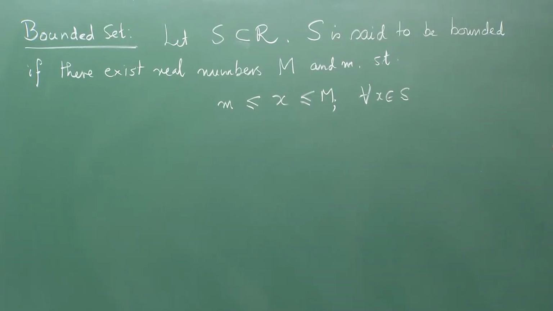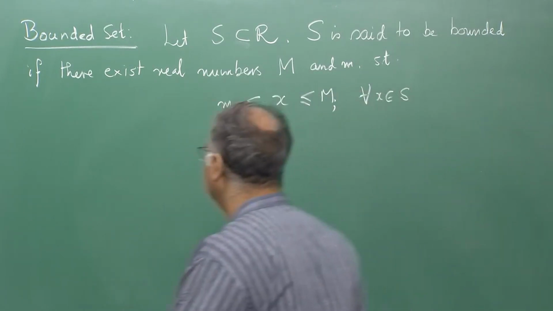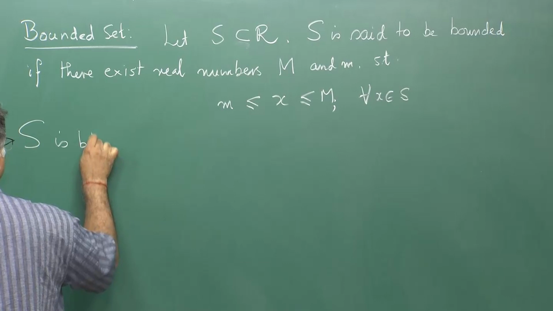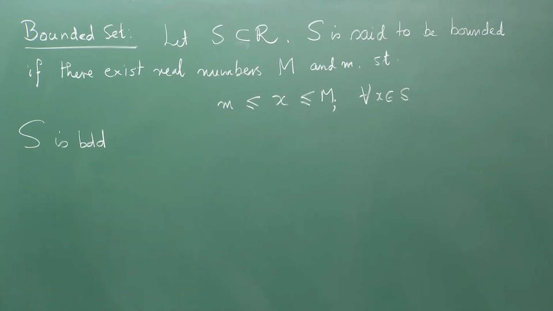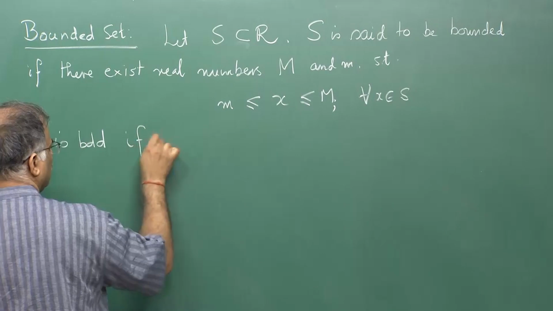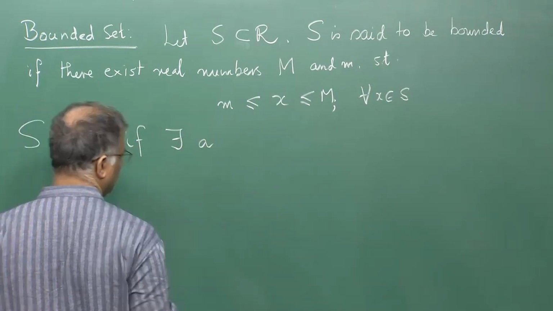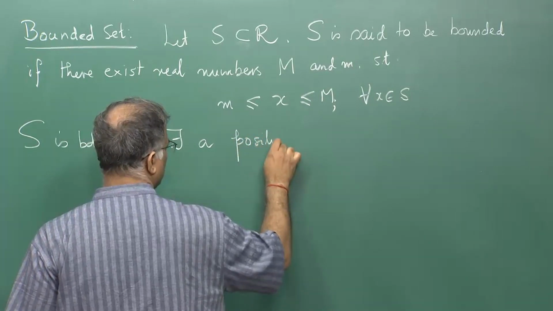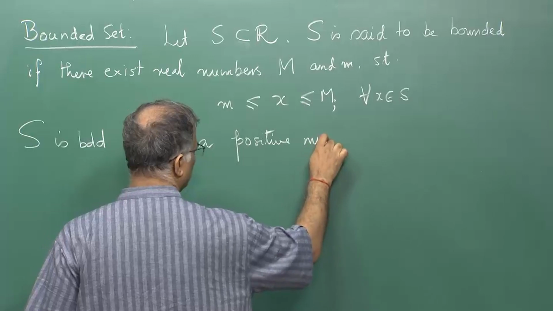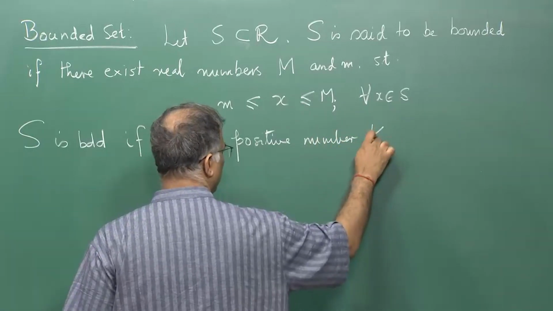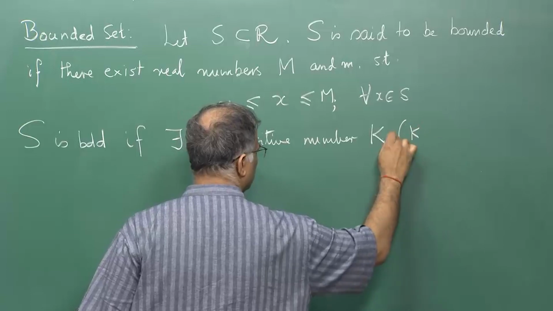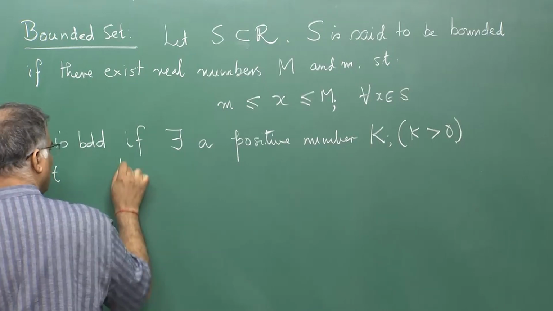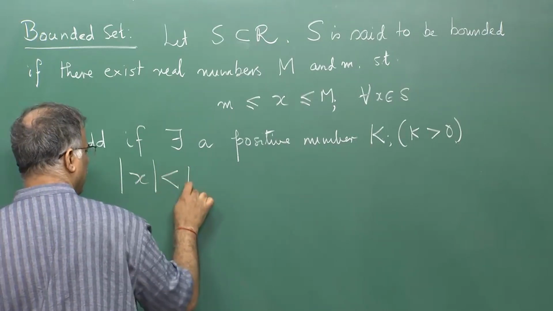Now, there is another way of expressing boundedness. Many people would prefer that way: S is bounded (BDD for short) if there exists a positive number k, that is k greater than 0, such that the absolute value of x is strictly less than k.